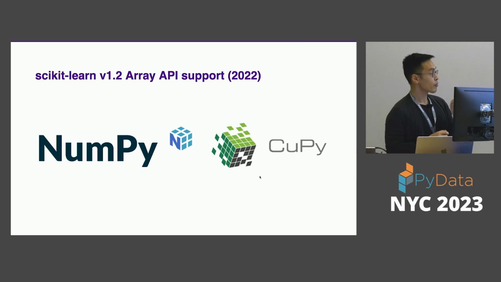That means in 2022 we had support for NumPy and CuPy. NumPy we always had support for, but CuPy is something new. CuPy only runs on CUDA, so it runs on GPUs. But the API was not great, and I'll talk about what the situation was in 2022 later in this talk.